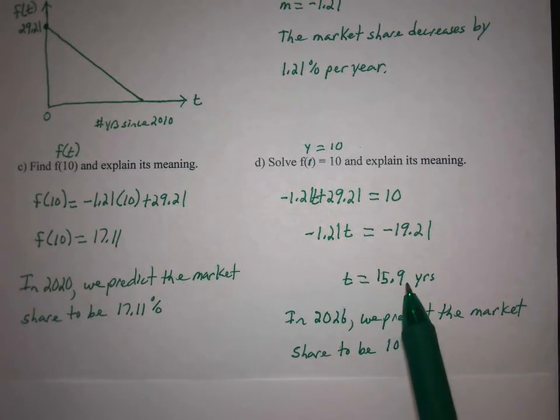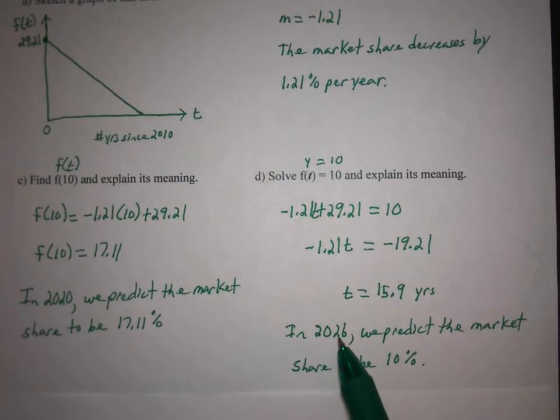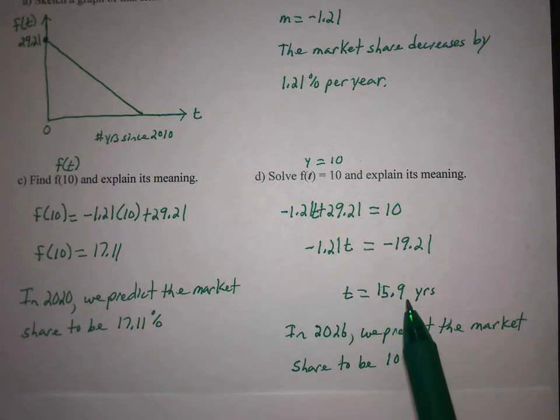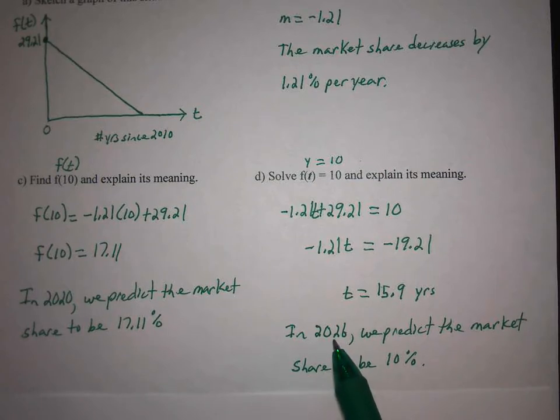So there we can round that up to 2026. I would actually accept an answer of 2025 or 2026. We're not going to quibble too much about what the decimal is telling us in this class. In those years, we would predict the market share to be 10%.